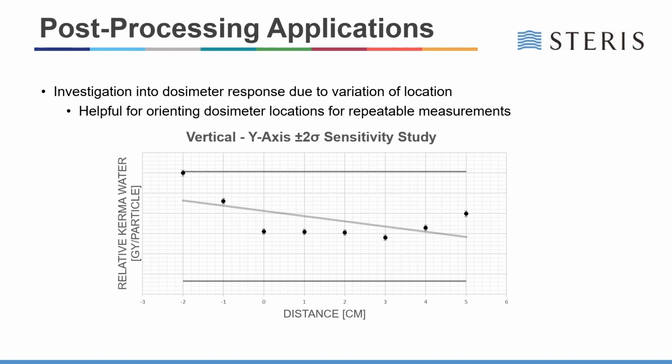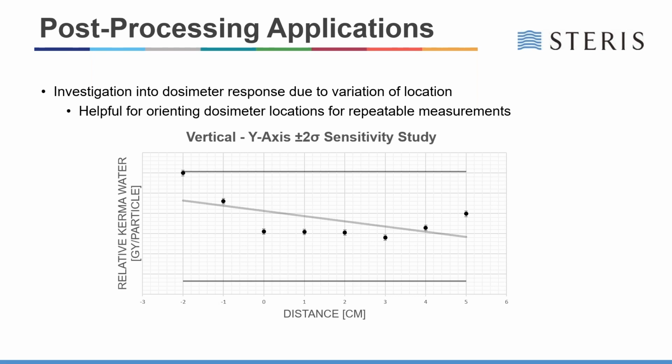So a dosimeter that's placed upon product would have a certain inherent uncertainty to it. And from simulation, we can see that moving that individual dosimeter to the left and the right by this distance of centimeters would have a low impact because it would all be recorded within the uncertainty bars.